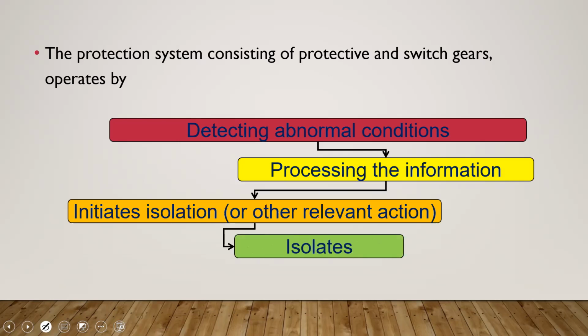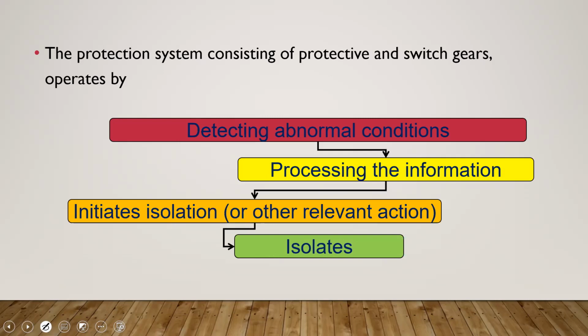And then finally, isolation. So we detect, process, initiate some form of action, whether isolation or an alarm, and then finally, isolation takes place. So these are the four stages. And what we'll be doing is looking at the equipment involved in each of these stages. We'll be looking at the equipment that is going to help you detect that there's a fault, that there's a problem.